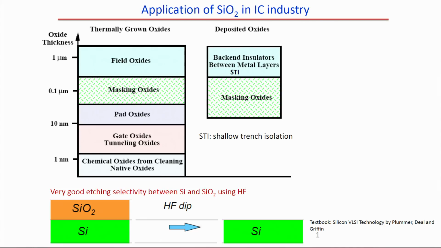Generally, gate oxide is around 10 nanometer, masking oxide 0.1 micron, while field oxide is around 1 micrometer. And we all know that the silicon dioxide etchant is HF.